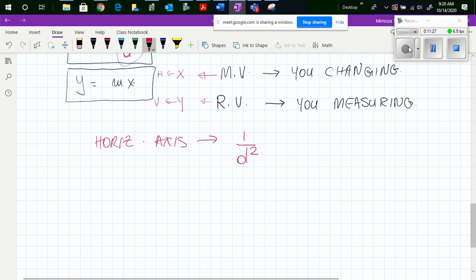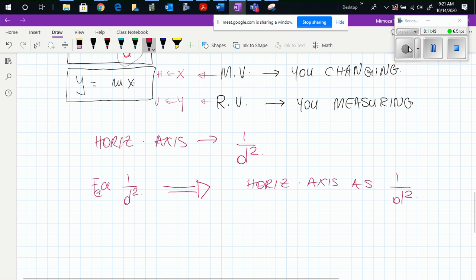So if we have an equation where force of gravity is direct proportion to the inverse square, in order to straighten it out, we have to make the horizontal axis 1 over d squared.